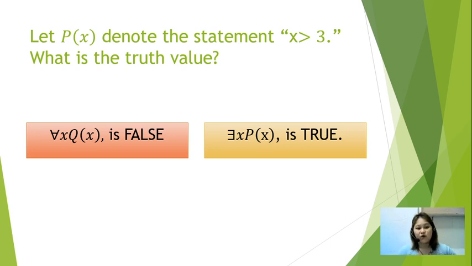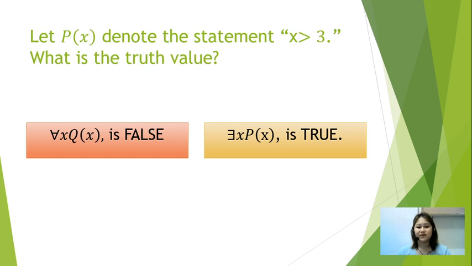Why? For the universal quantifier, yun pong sabi ko sa inyo kanina, all the values, meaning all real numbers, since we're talking about real numbers, when you use it doon sa x, magsasatisfy siya sa statement that x is greater than 3.